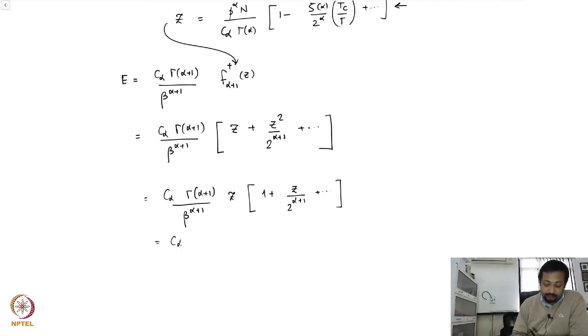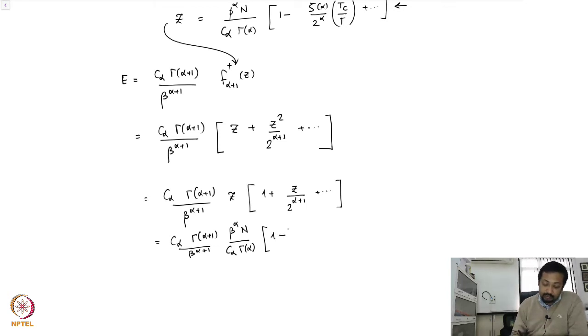Then z is given by C alpha gamma alpha plus 1 divided by beta raised to the power alpha, sorry, the denominator has to be alpha plus 1, the numerator is beta raised to the power alpha, then I have n, then I have C alpha, and I have gamma alpha.